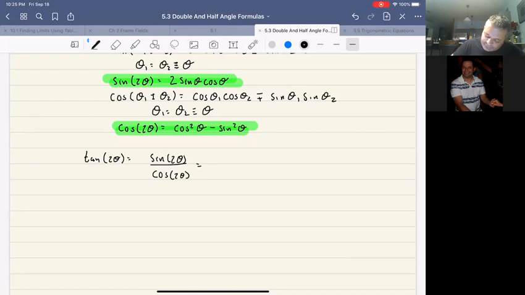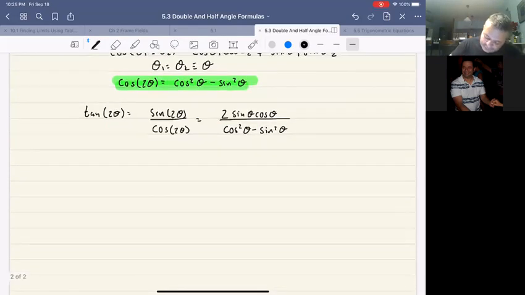So that's going to be 2 sine theta cosine theta over cosine squared theta minus sine squared theta. And then we could divide out cosine squared of theta, okay?